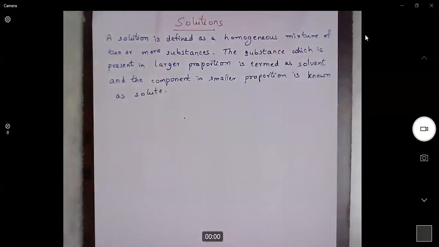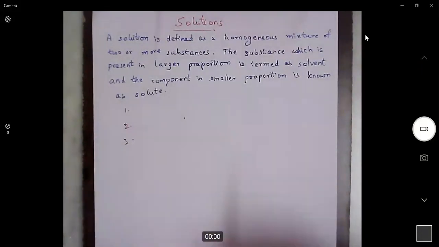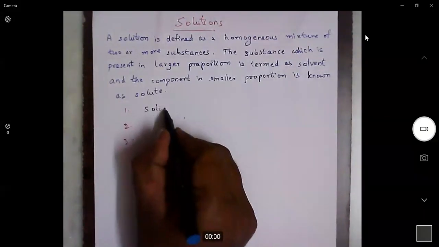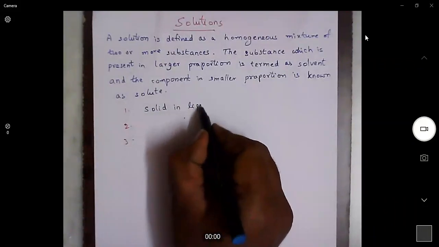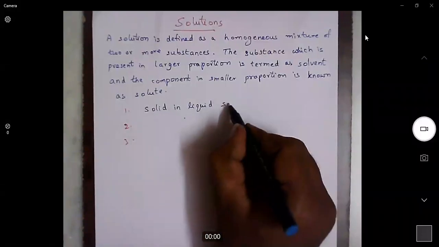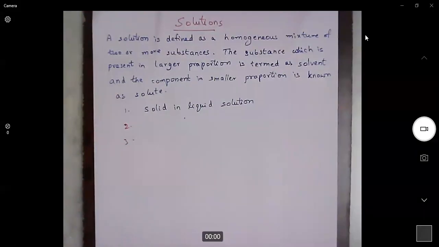Now, when we look at different solutions, there are three different types. What are they? We can have a solution of solid in liquid, solute in solvent. So this is one type. How do we prepare these solutions?